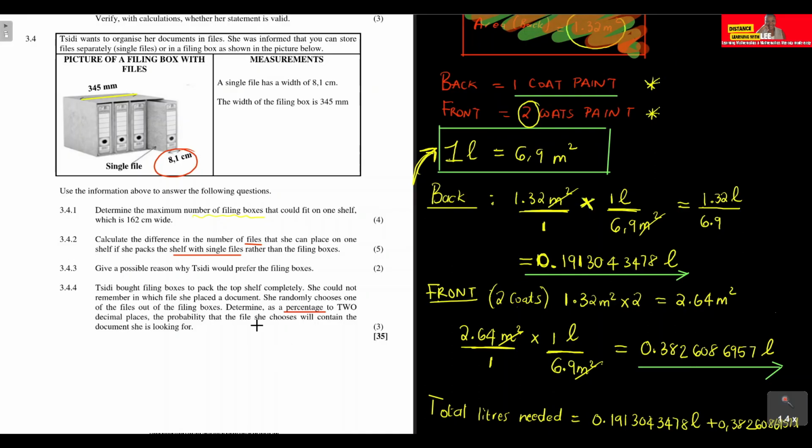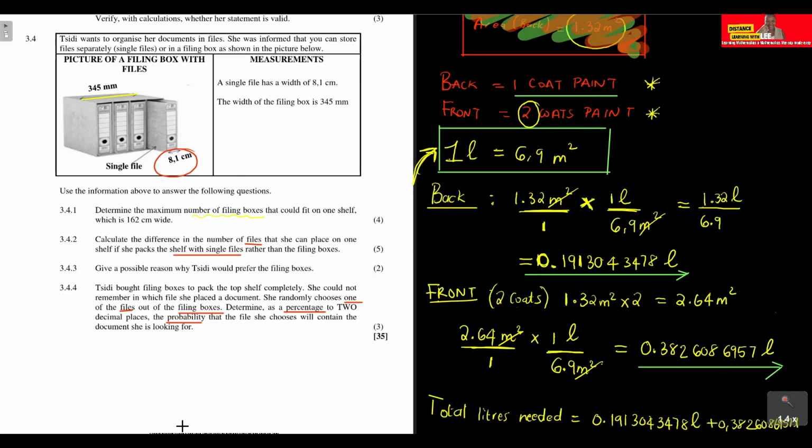So here we can already see that obviously this is a probability question. So we're going to use that probability is equal to favorable outcomes over total outcomes. We are told that she randomly chooses one of the files out of the filing boxes, so that's basically going to give us information about our favorable outcome and our total outcome.